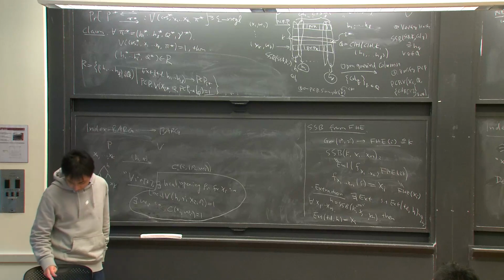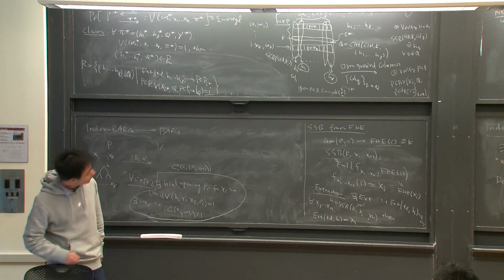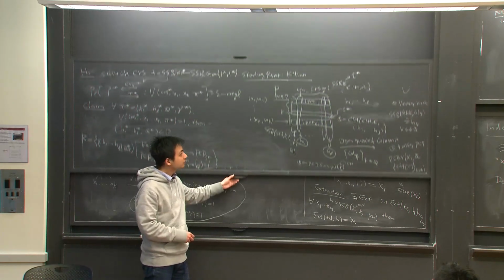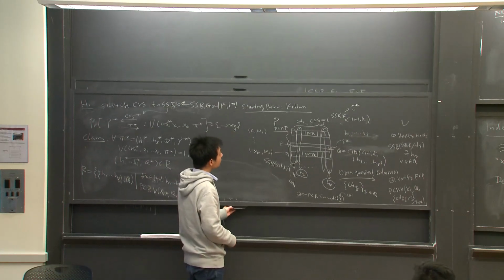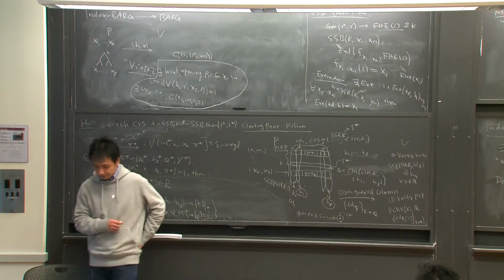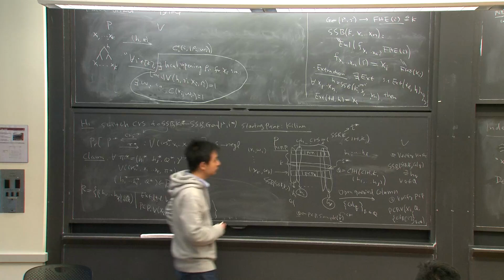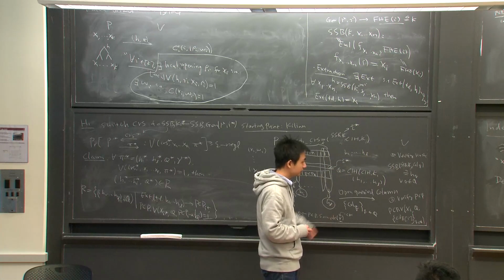Okay, so next I will show you how to build this index BARG. Our starting point is still this protocol. As I said earlier, the first round message is small because it only depends on C, but the third round message is large.